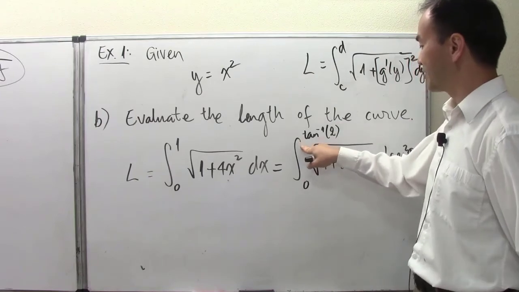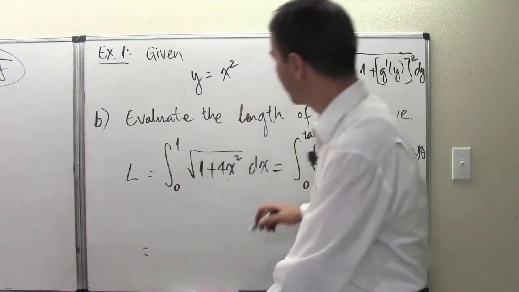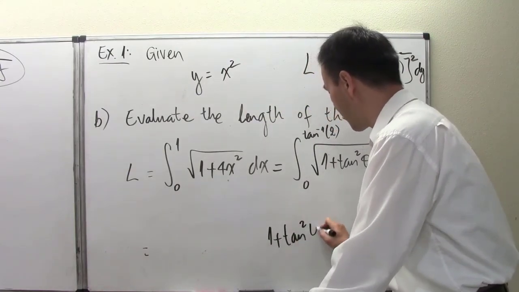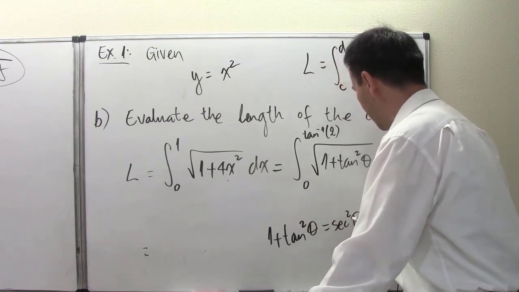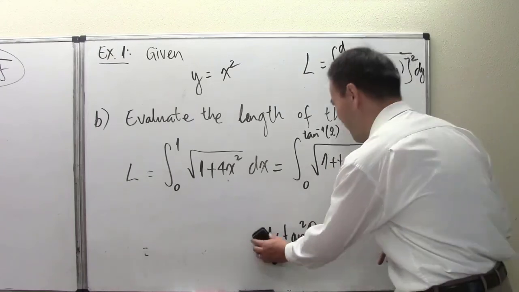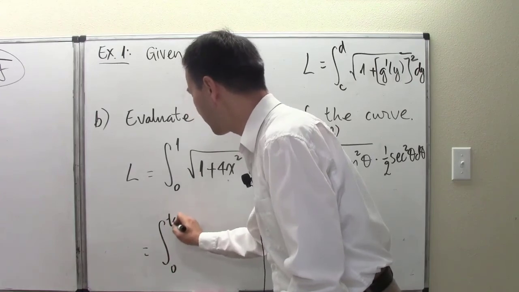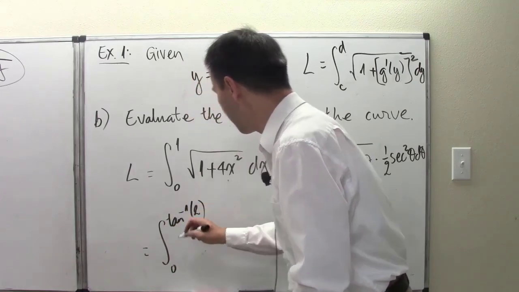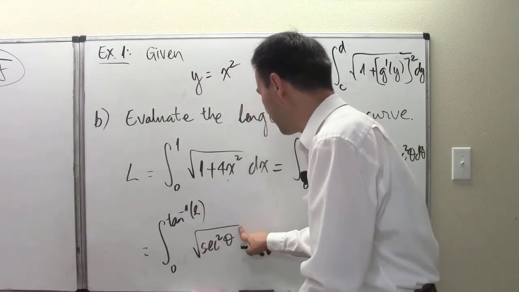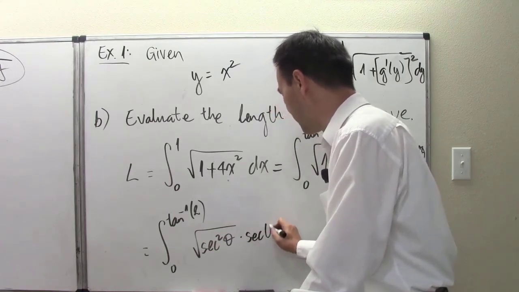Now we have a known identity: 1 plus tangent squared theta equals secant squared theta. We can use that identity for the 1 plus tangent squared inside our square root. So from 0 to tangent inverse of 2, the square root of secant squared of theta becomes just secant of theta, times secant of theta, d theta.